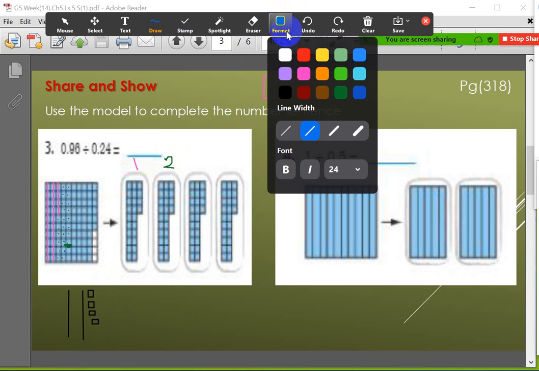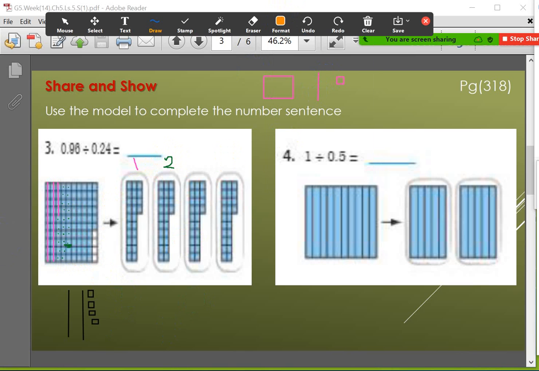Now let's count with orange color. 1, 2, 3, up to 24. Until here, this is 24 cubes. So I have the third group.